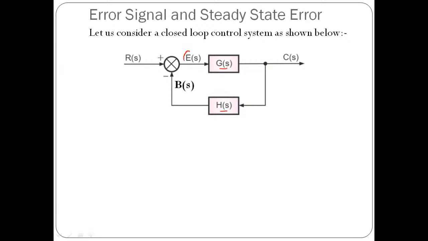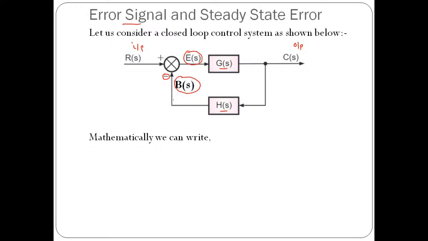E of s indicates the error signal, and B of s indicates the feedback signal. R of s is the reference input, and C of s is the control output. Here we have taken a negative feedback system. I hope everyone knows why we take negative feedback: because we can reduce the sensitivity by the factor 1 plus G of s into H of s.